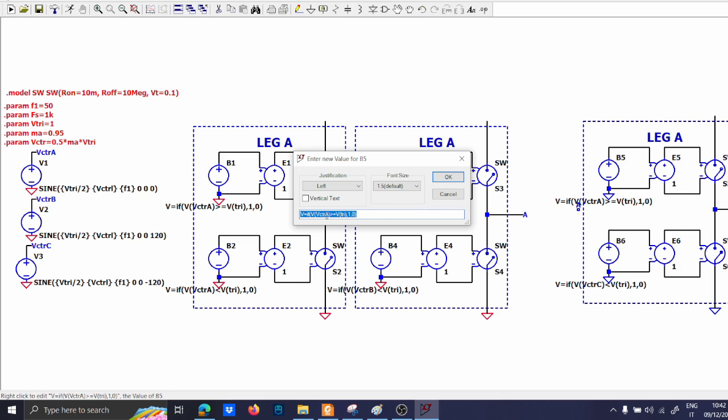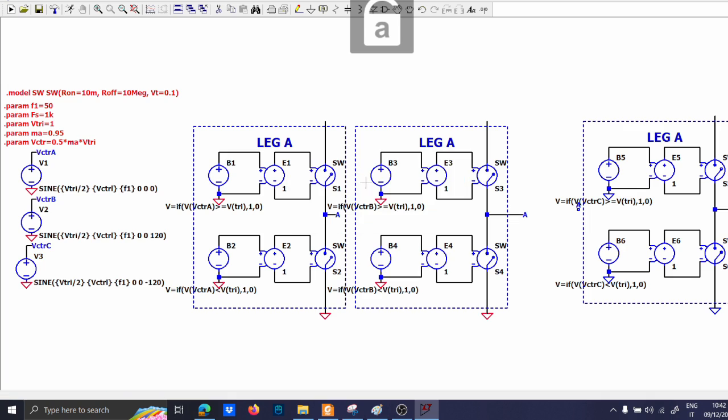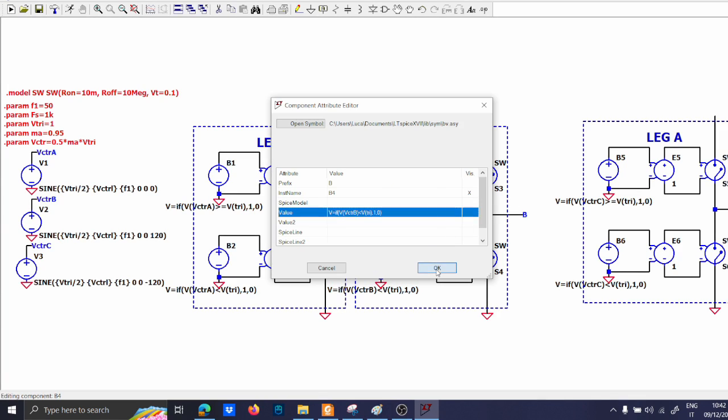So you can't get it wrong. Just A, B, and C. This is B, and this is C. Since it is useless, just don't show it.